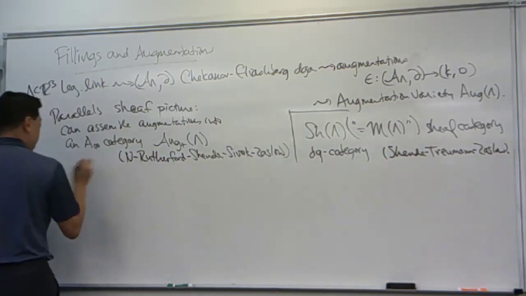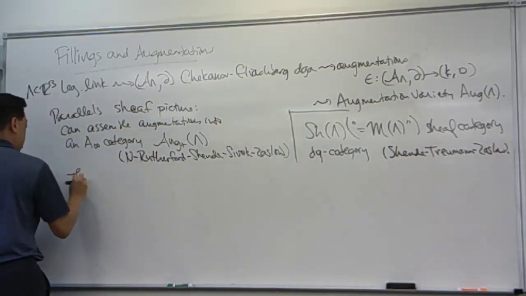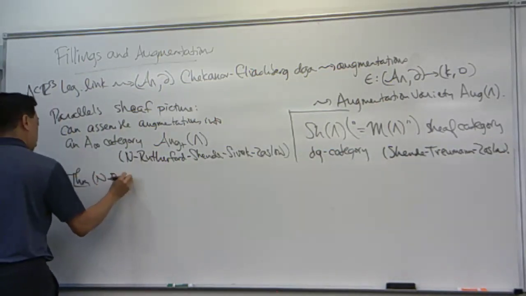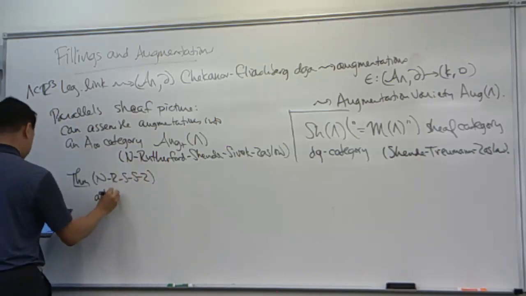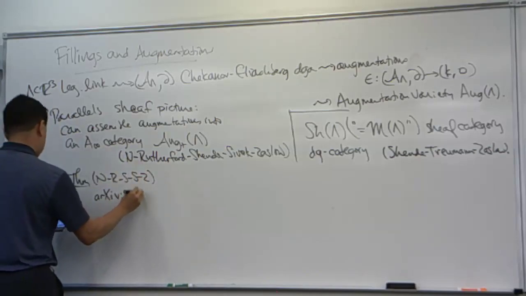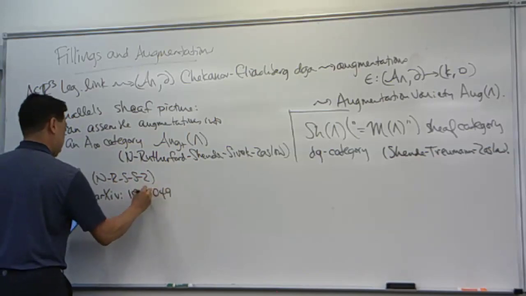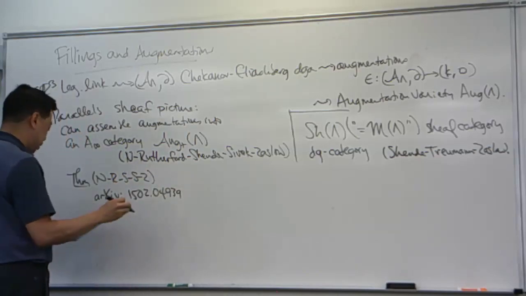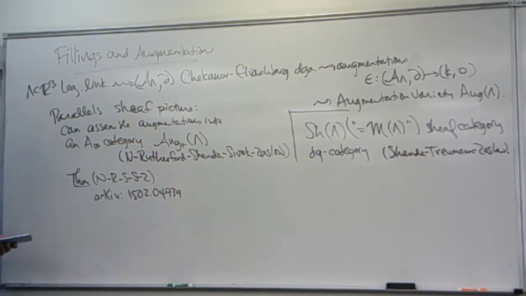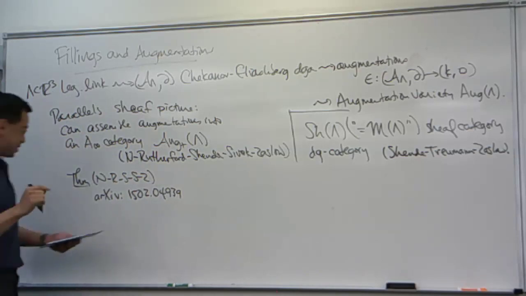And then here's a theorem. The reference is, you want to look at this. I may have typos in these arXiv numbers, because I looked at them on my screen, then minimized the window and wrote them down into my notes, so it's slightly by memory.